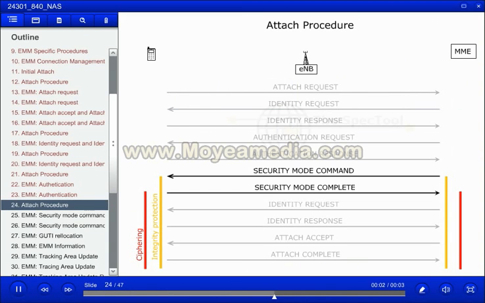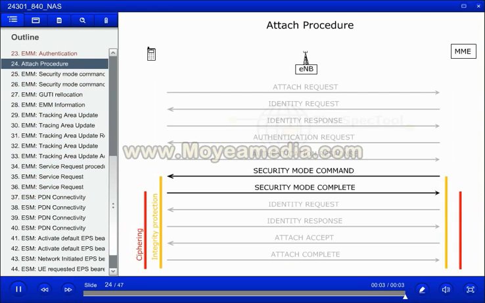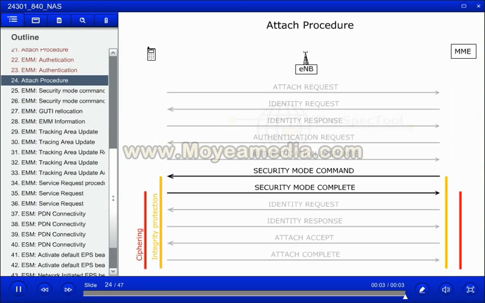The purpose of the security mode control procedure is to take the EPS security context into use. In other words, to start the signaling security between the UE and MME with negotiated keys and security algorithms. The security mode command message is integrity protected.